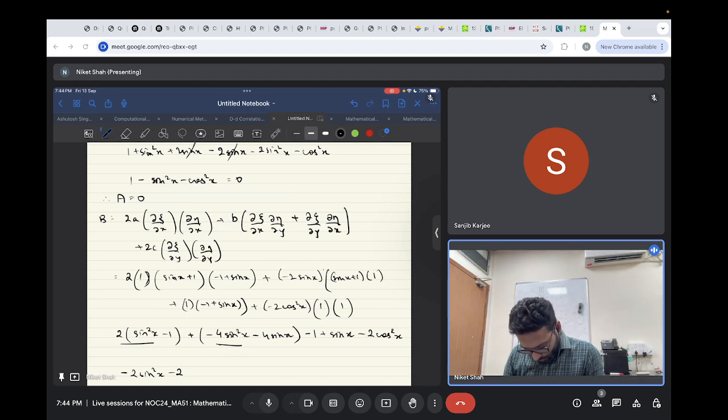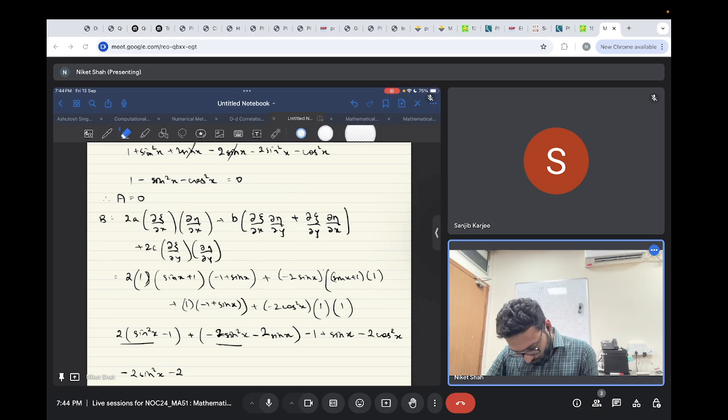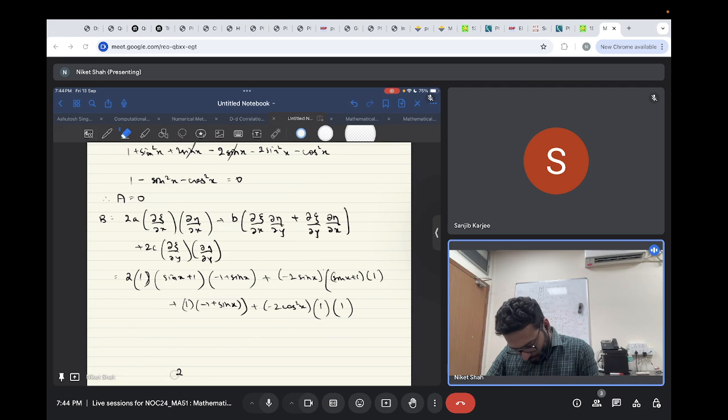Del eta by dy is 1, so here also it's 1. So it's just 2, and this also is just like that, plus 2 sin x. Made a little bit of mess. Let me do this again.